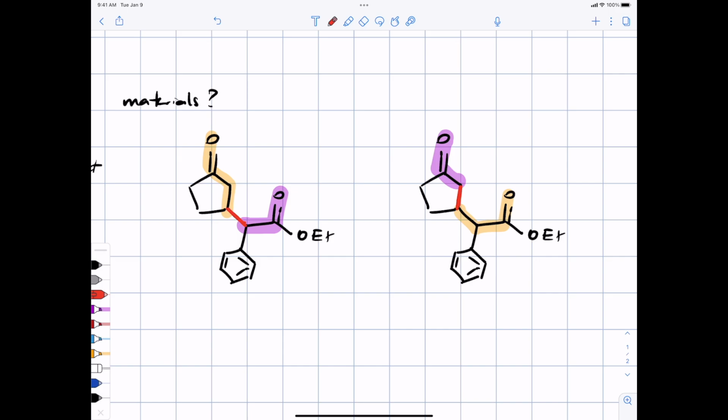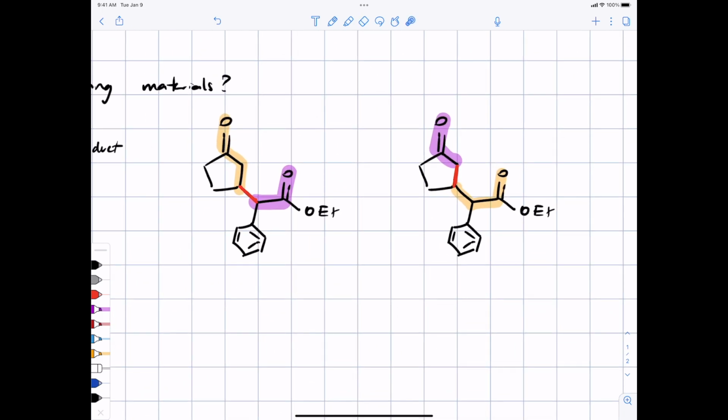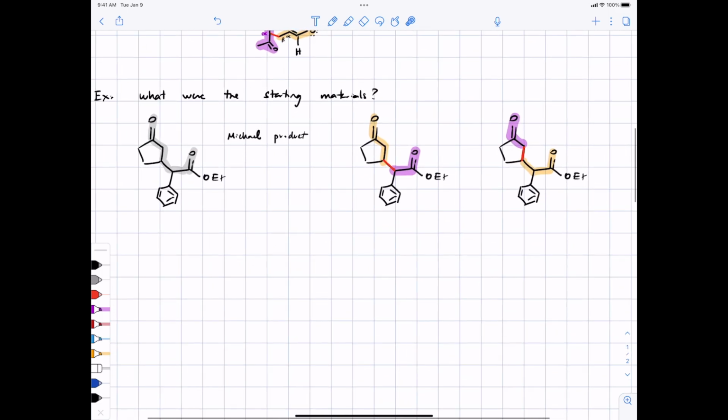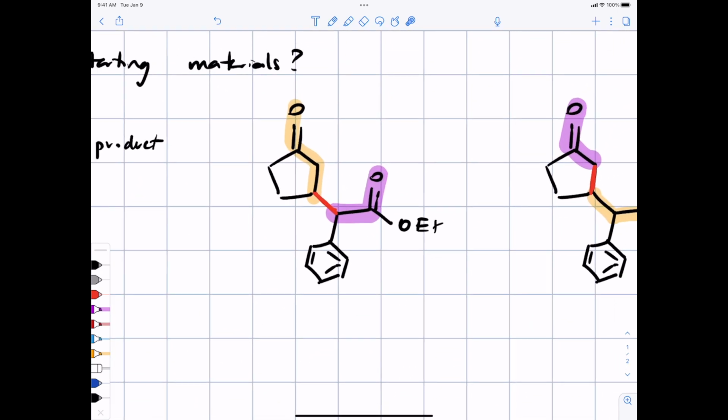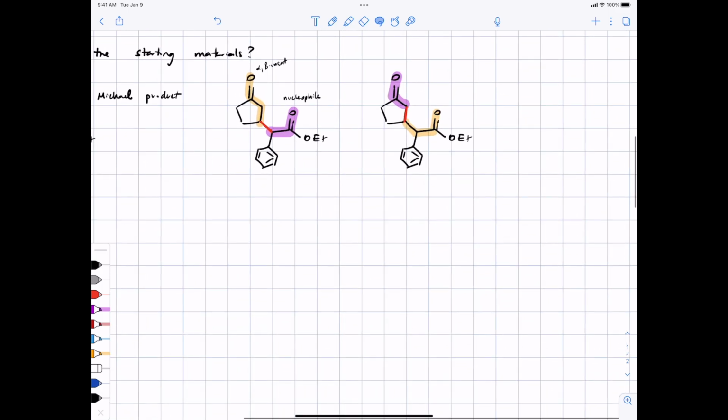I don't know. Let's ask ourselves, before we draw any conclusions, now that we've broken the 1,5-dicarbonyl compound into two potential connectivities, if it's the one on the left, and this is the bond we make, and this is our nucleophile portion, and this is our alpha beta unsaturated carbonyl portion, then what's the immediate precursor?